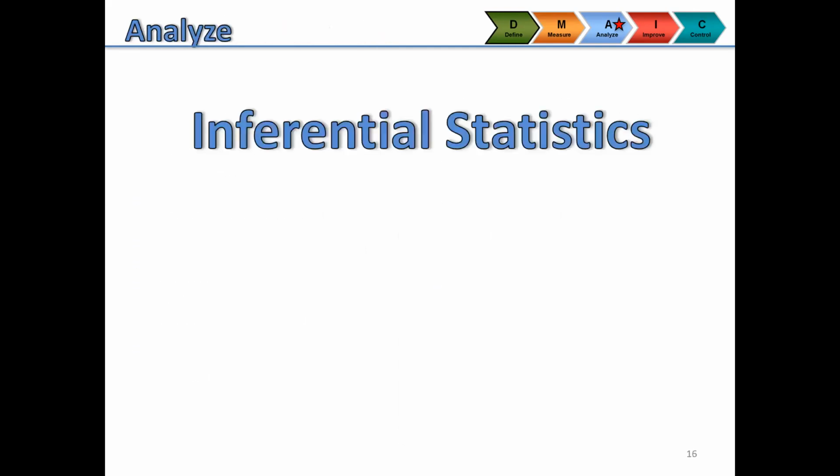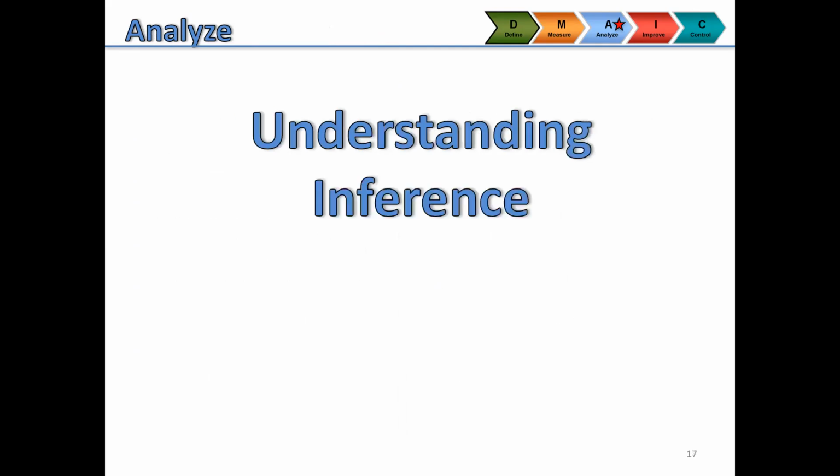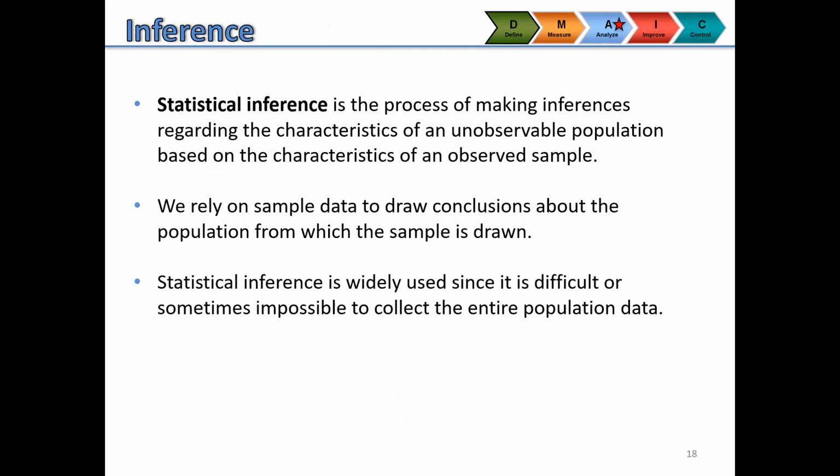All right, so now we can fly through this because we covered it already in the math practice: inferential statistics and understanding inference. It's the process of making inferences regarding an unobservable population based on a sample. We rely on sample data to draw conclusions about the population from which the sample is drawn.